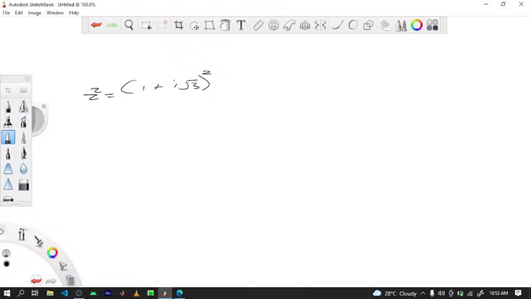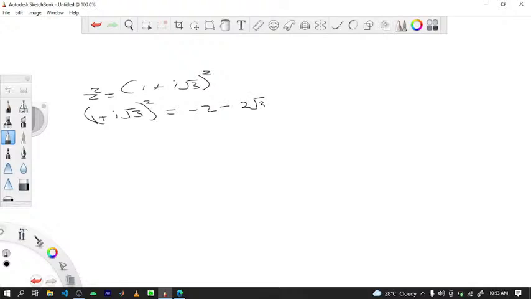So if you have 1 plus i root 3 and you square that, you are just going to get minus 2 root 3, right? So let's say 1 plus i, forgive my handwriting, root 3 all squared is equal to what?